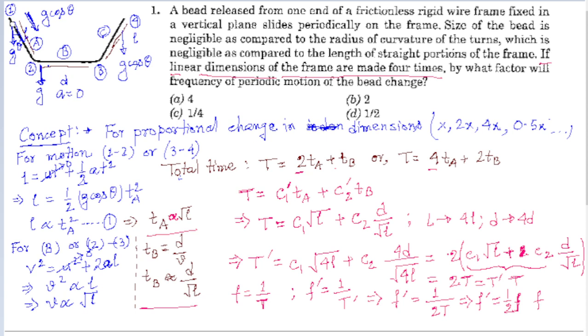If the dimension increases to 9 times, then the new frequency will be 1/3 of the old one. And if the new dimension becomes 1/4, then the frequency of this type of periodic motion will be double its previous frequency.